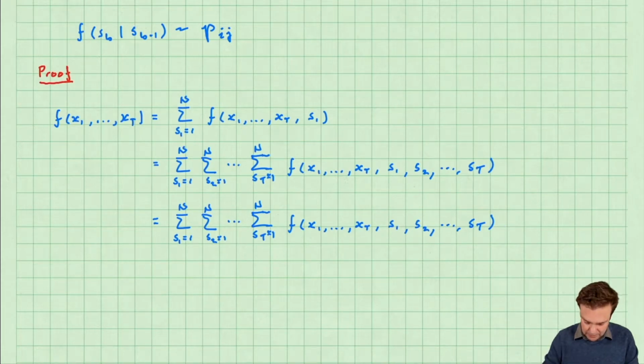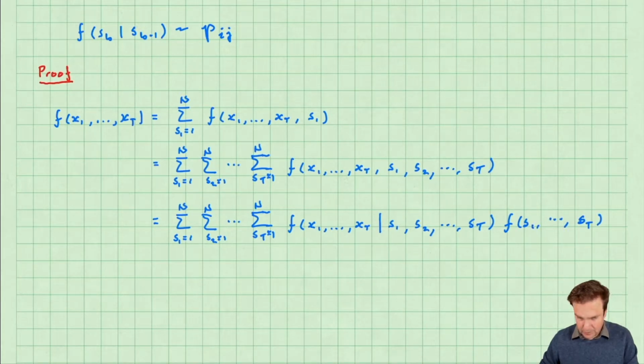So I want to write it like that, right? That's just using the definition of conditional probability. You could have just made all these lines in one step, I think. That probably would have been fine for most of you.